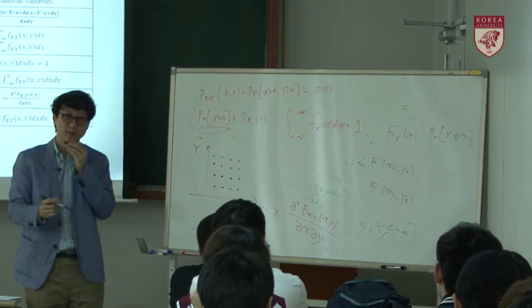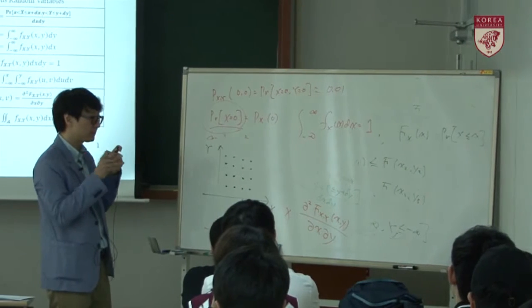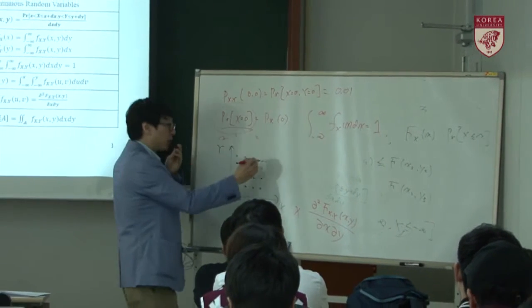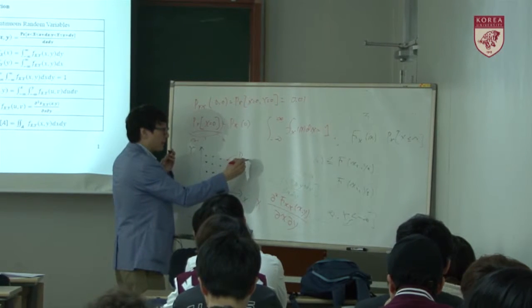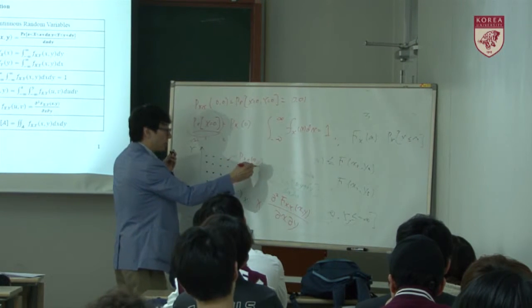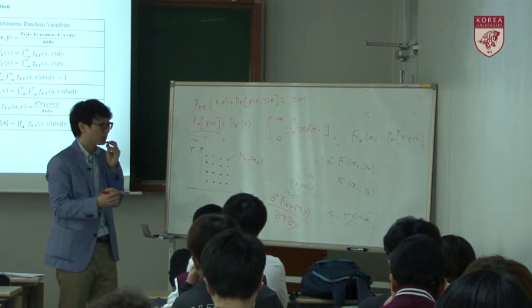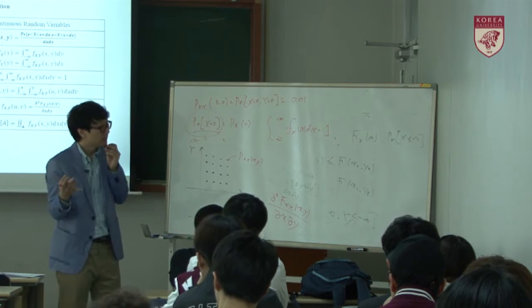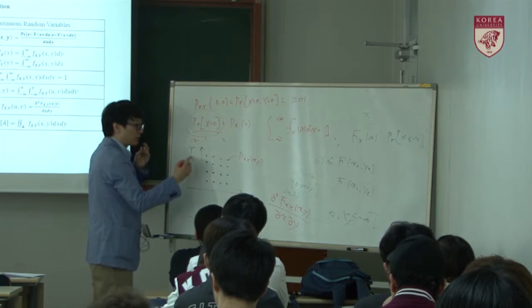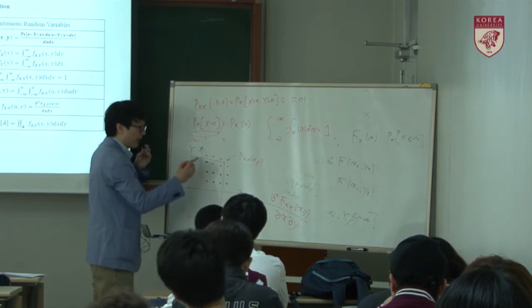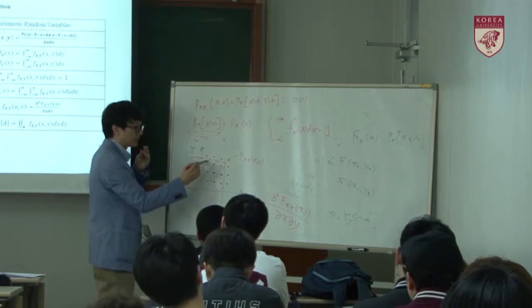Then each of these points is given by the joint PMF. So to calculate the joint CDF from the PMF, we just accumulate everything in this area.